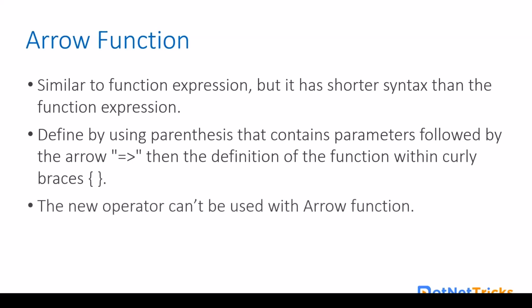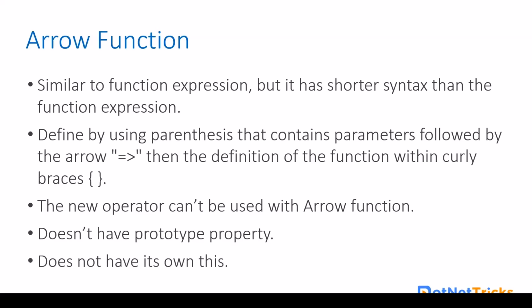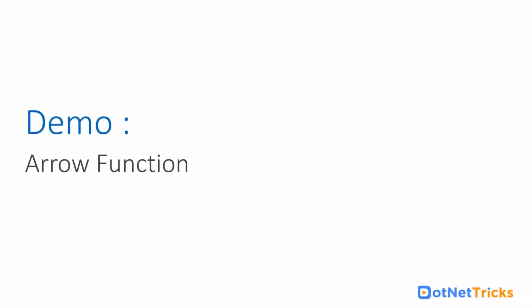The new operator can't be used with an arrow function. It's just a normal function type as we have ever used. It doesn't have a prototype property. It does not have its own this because it does not have its own reference of the object as the normal function does. Let's talk about it in detail.